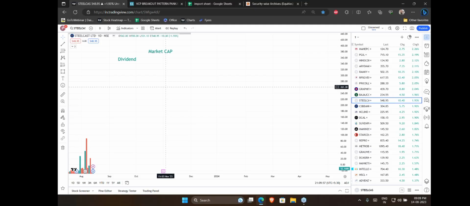Let's say a dividend is announced, 5 rupees per share. Okay, which means the stock price will drop by the 5 rupees when the dividend payout is done, because it is given by the market cap of the company. Where does the profit go? Does the profit go to the market cap or the valuation of the company?